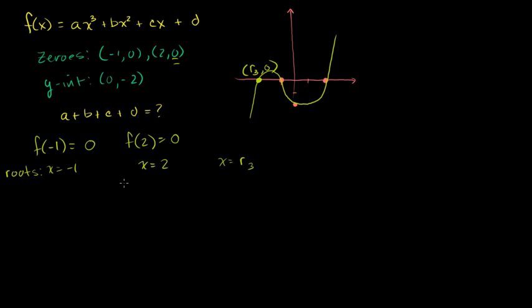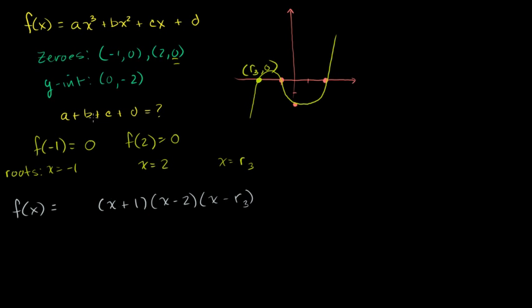Now, if we have a third degree polynomial where these 3 x values make it 0, we can rewrite this third degree polynomial as, I'll do it in a slightly different color, f of x is equal to x plus 1, and you'll see why I'm doing x plus 1 instead of x minus 1 in a second, times x minus 2 times x minus r3.